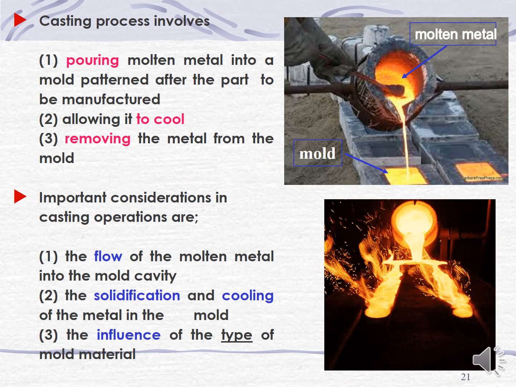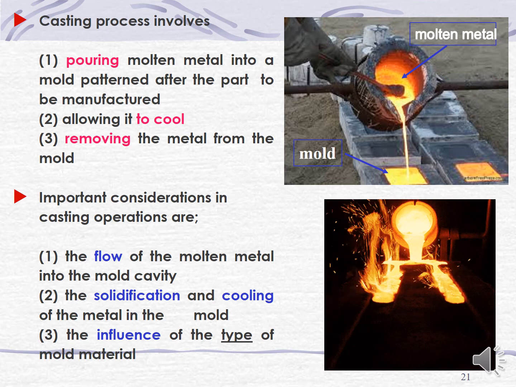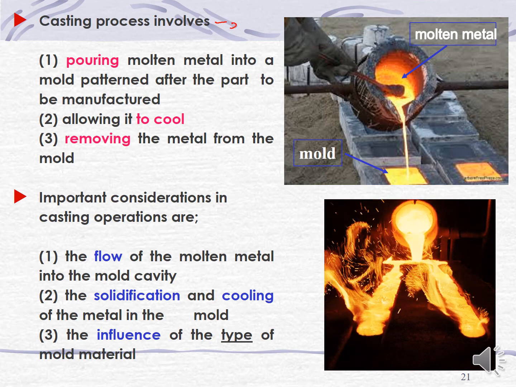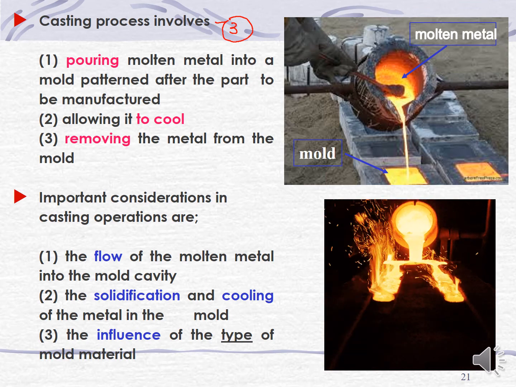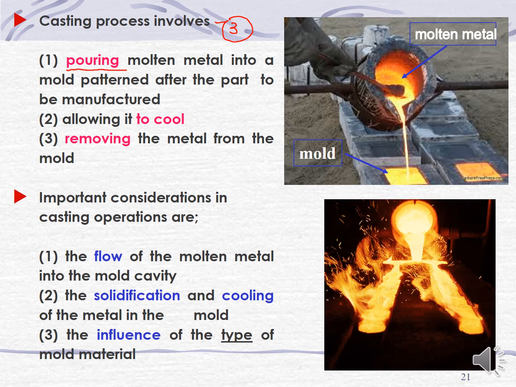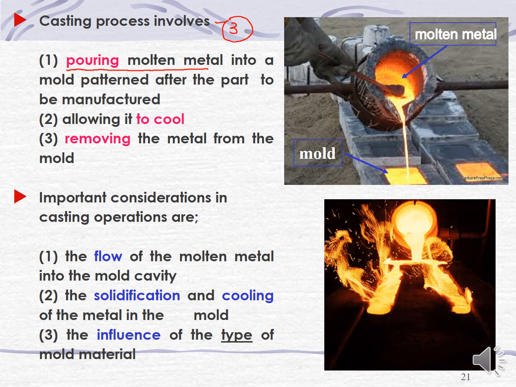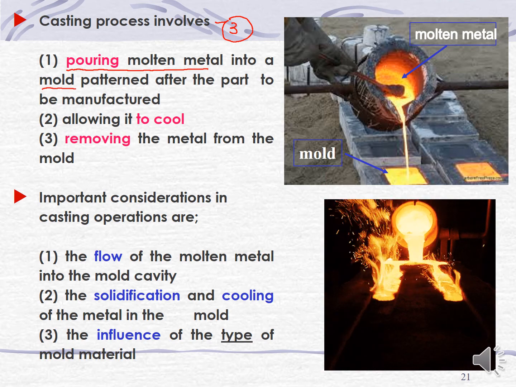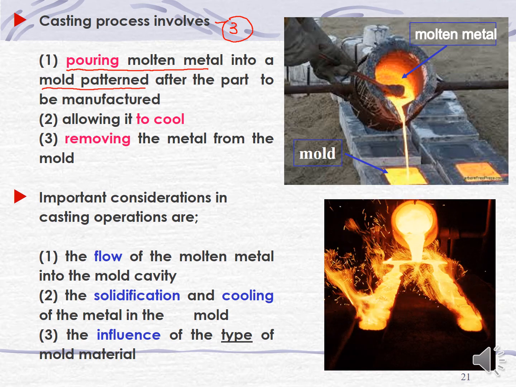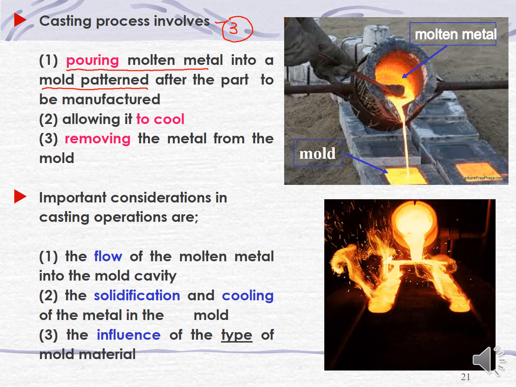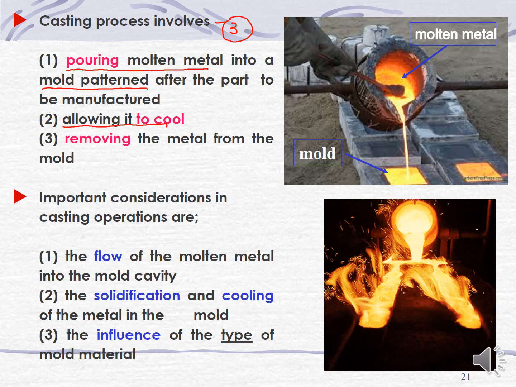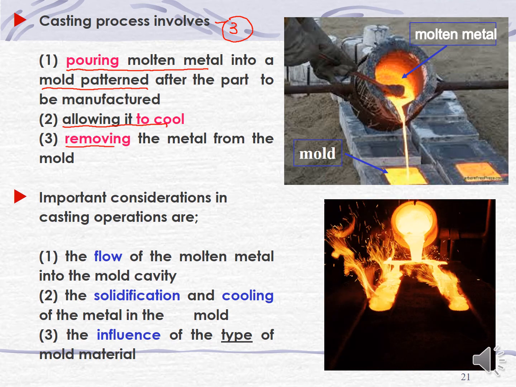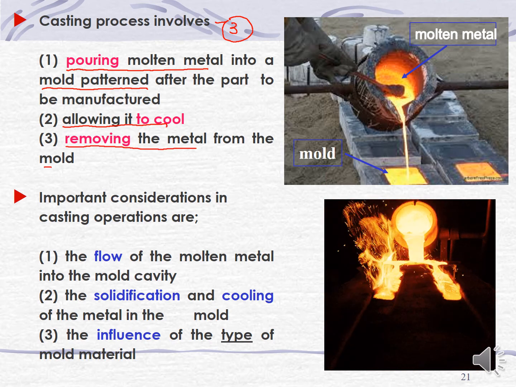Casting process involves 3 steps. The first one is pouring the molten metal into a mold, which has the pattern of the end product, and then allowing it to cool. Once solidified, we remove the metal from the mold.